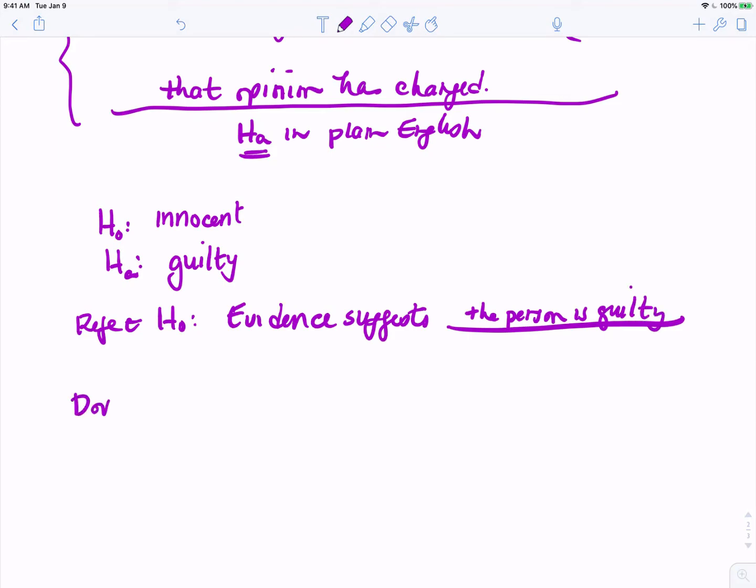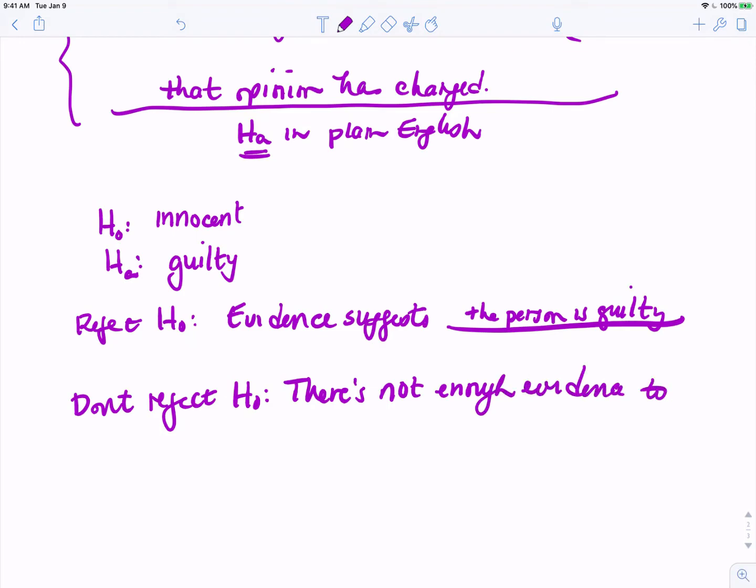When they don't reject the null hypothesis, meaning they weighed the evidence and it wasn't convincing, then there's not enough evidence to conclude the person is guilty. The jury comes back and says, we find them not guilty. The jury never comes back and says, we find them innocent. It's maybe subtle, but it's very important.